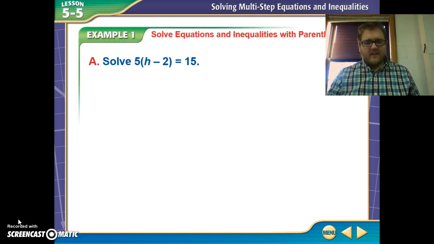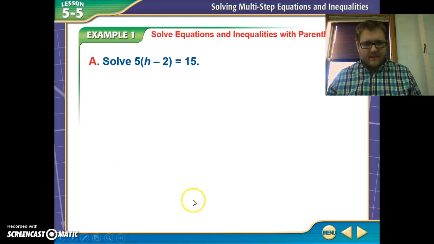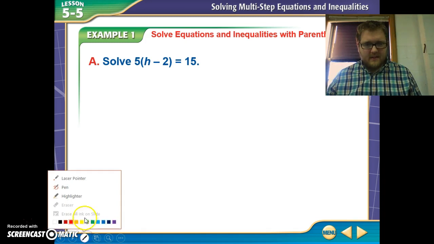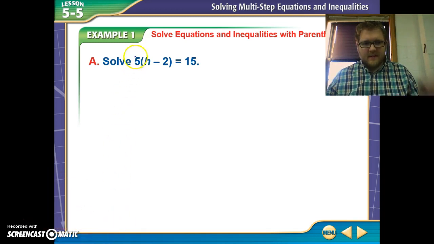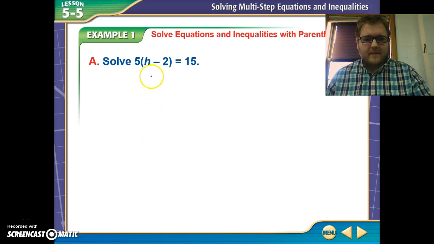So looking at this first problem here, we have 5 times the quantity of h minus 2. When I say quantity, I'm referring to these terms in parentheses. So 5 times the quantity h minus 2 equals 15.